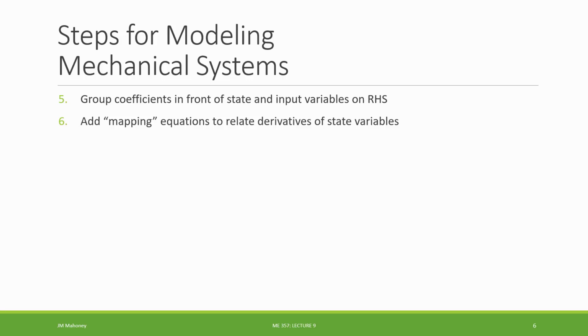But the point of step 6 is that by the end of it, adding these mapping equations, we will have as many equations as we have state variables between the equations of motion and these mapping equations. We're going to take all these equations and put them into matrix form.